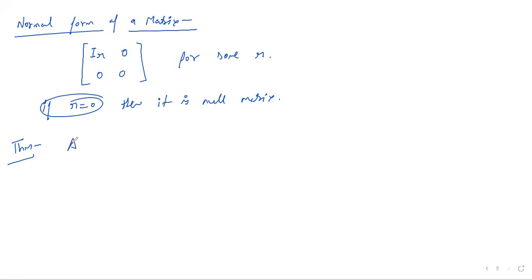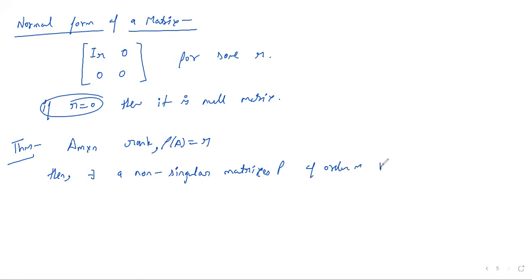If we have a matrix A of order m cross n which has rank R, that means rank of A is equal to R, then there exist non-singular matrices P of order m and Q of order n, such that PAQ is equal to [I_R 0; 0 0].